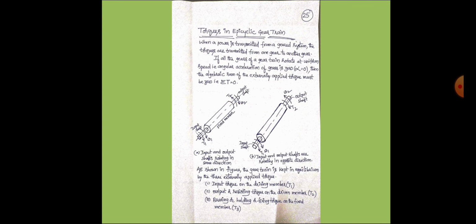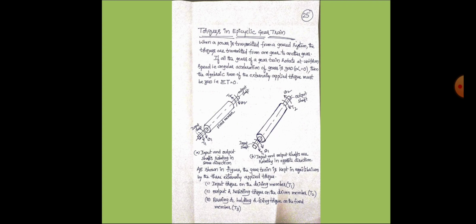Like that, these are the 3 question paper problems in addition to the 10. Now the last content in gear trains is this. Until now in gear trains, we have discussed from the definition of what is a gear train, types of classification of gear trains, simple gear train, compound gear train, epicyclic gear train and reverted gear train.